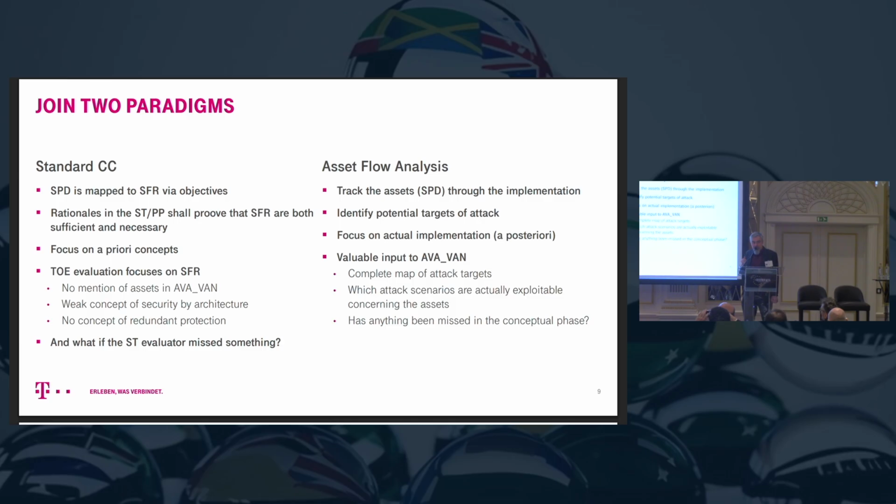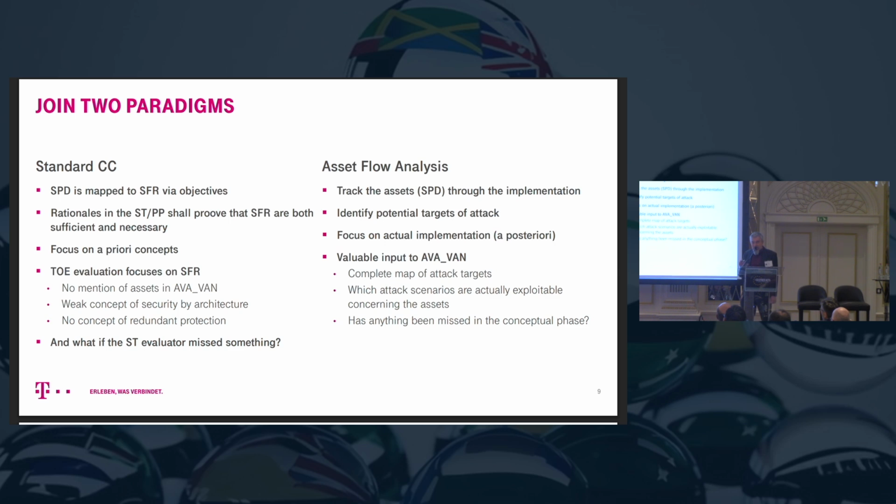analysis of the issue. And well, whoever has ever evaluated a security target knows that we do a lot of effort there, and it works in most cases. And then when we go to the vulnerability analysis and look at how the SEM motivates this, there's not even a mention of assets anymore in the entire text.